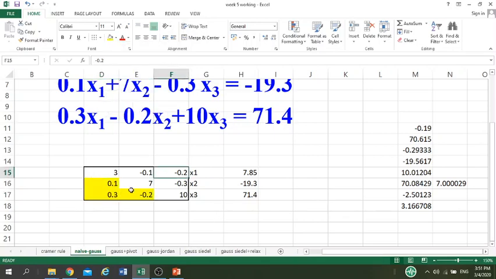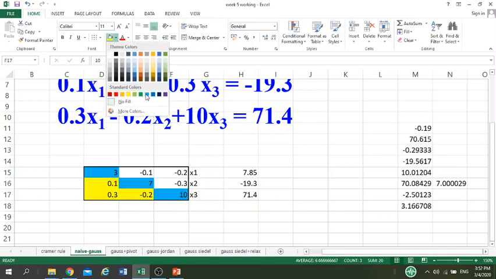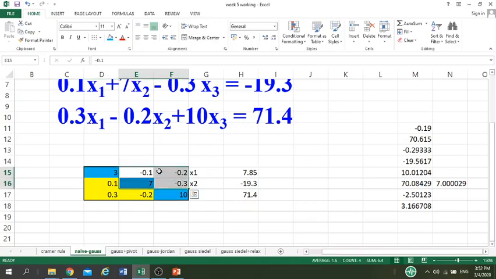We have to make all the numbers that I've highlighted in yellow become 0. Basically, all of these numbers are the numbers below the diagonal line. So we have to turn each number highlighted in yellow into 0.